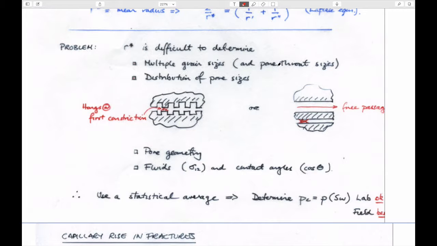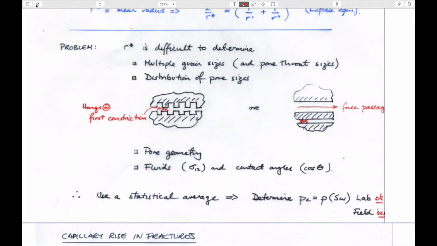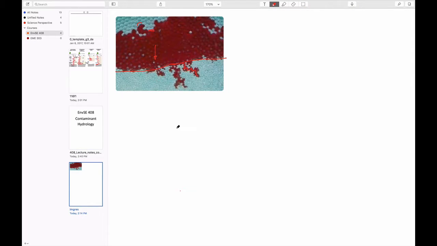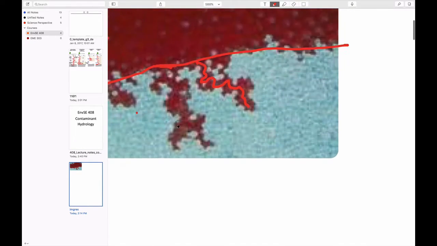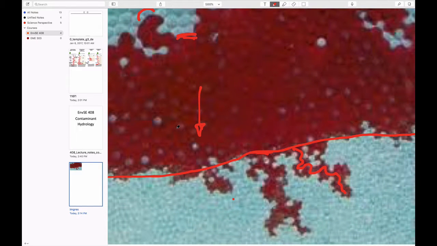And so now a thought experiment is that if we go back to this previous case, and we think about what's physically going on here. We have a bead pack that has big beads at the top, and it has small beads below this line here.